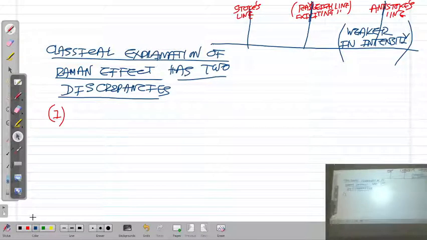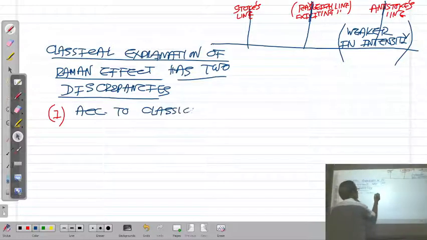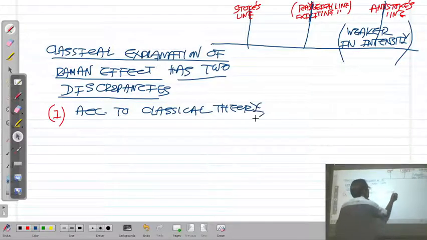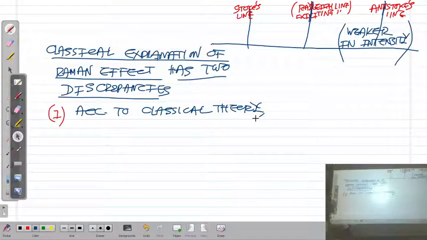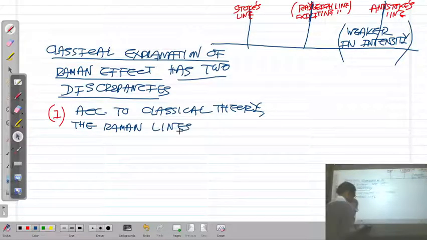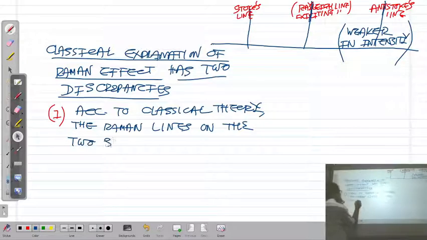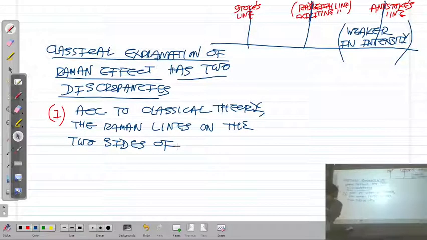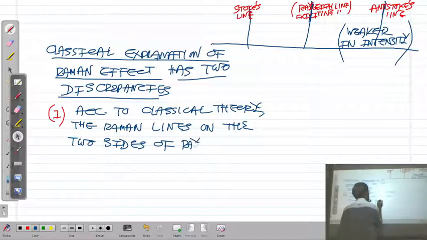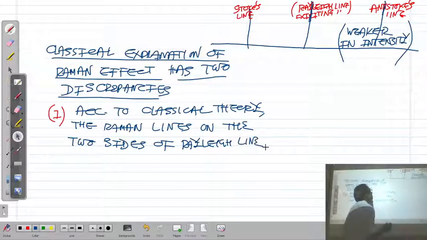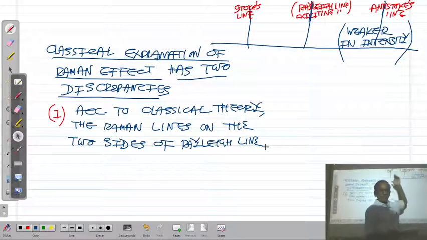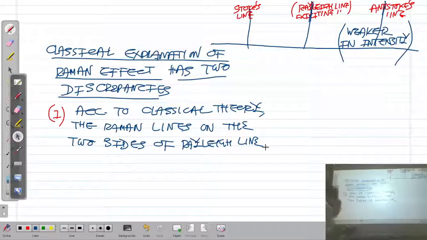So I write first limitation. According to classical theory, the Raman lines on the two sides of the Rayleigh line, means Stokes line and anti-Stokes line, appearing on both sides of the Rayleigh line must be of same intensity.